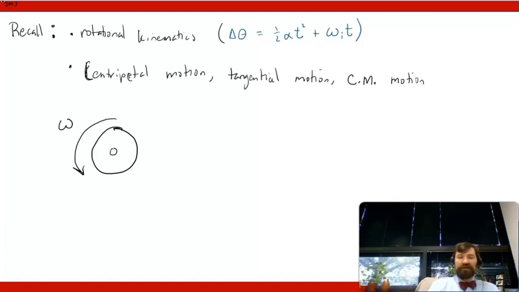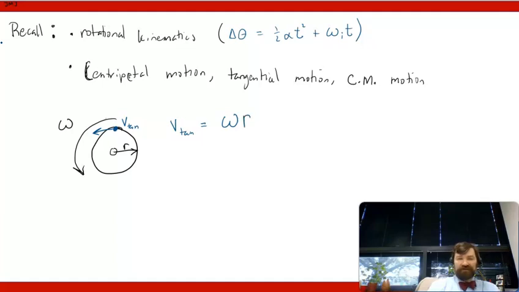This rate omega can be related to the essentially motion of this thing. This has a tangential speed, v tangential is omega times r.